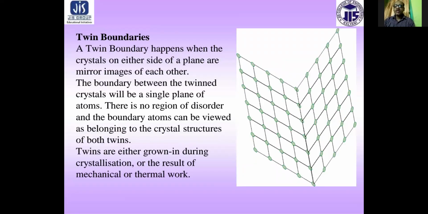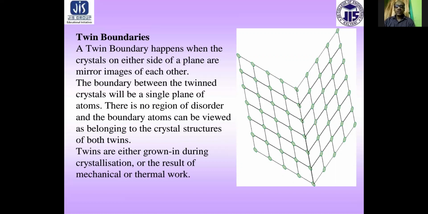Next, very important, is the twin boundary. These are the boundaries in the grain at which the atomic arrangement on one side of the boundary is the mirror image of the atoms on the other side.